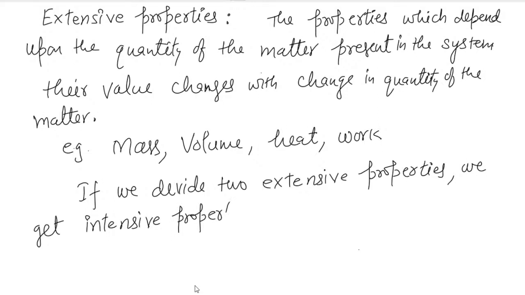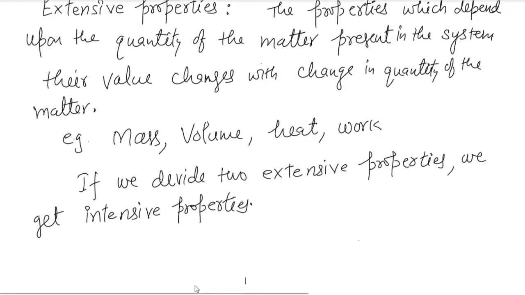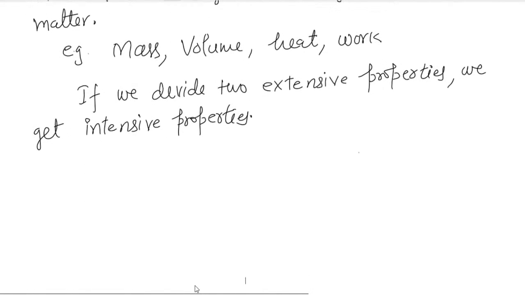Yes, surface area is extensive. For example, say mass and volume. So density is mass by volume. Okay, anything per mole, like anything divided by n means Q divided by N.